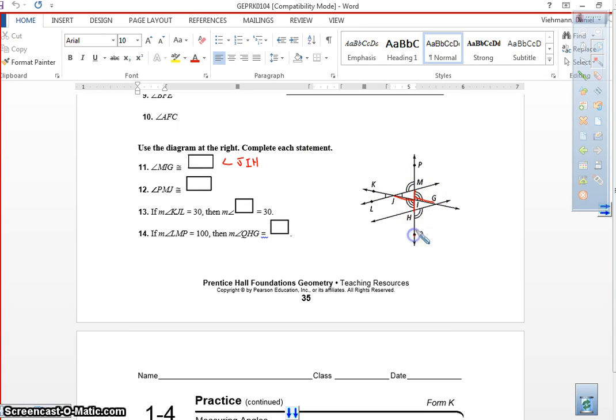It doesn't matter if you pick Q, H, I, J, or K. Not MIJ, that's a different angle. Look up here. As long as it's from there to there, you could pick H or Q on this line, I is your vertex, and you can pick J or K on this line. Okay? That works.